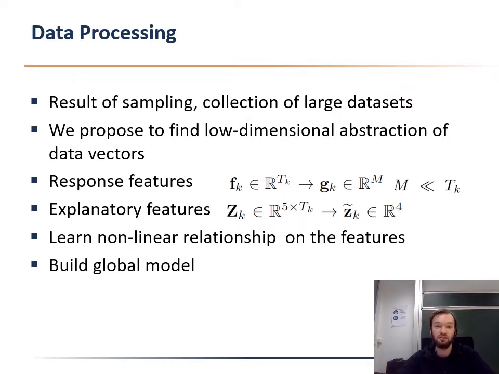We find the non-linear relation between features, and then based on this information we figure out how to deal with the vectors, or information, in the time domain. So the next step, after we learn this abstraction and find the relation between response features and explanatory features, is to build a global model. This global model will be used to deliver haptic sensations.